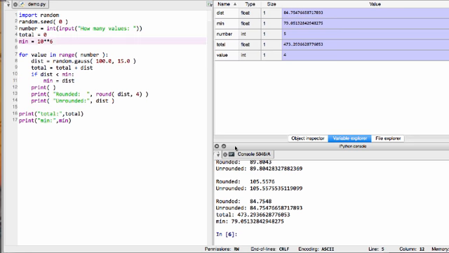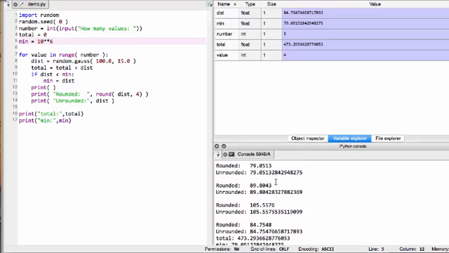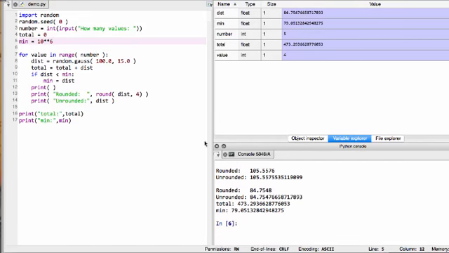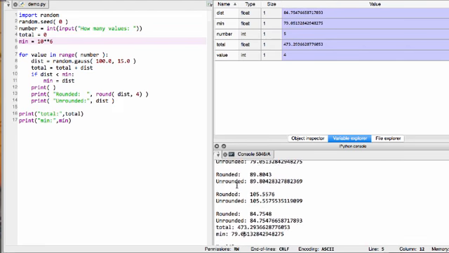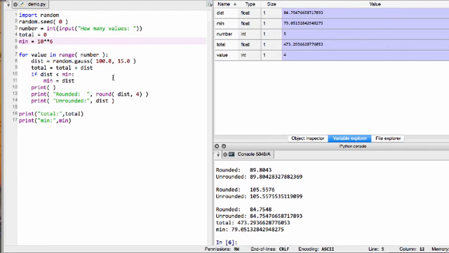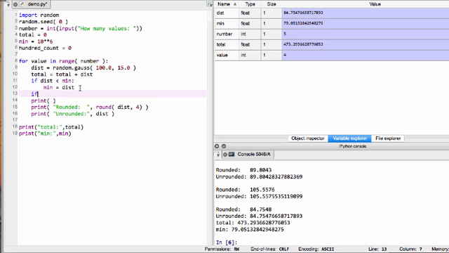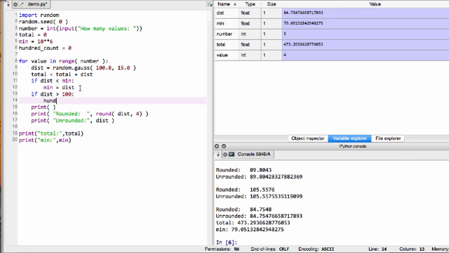How about let's do a count of how many of these are bigger than, say, 100. Okay, so I'll call this my 100 count. All right, and in here, I can say if my dist is bigger than 100, then my 100 count will get 1 bigger.